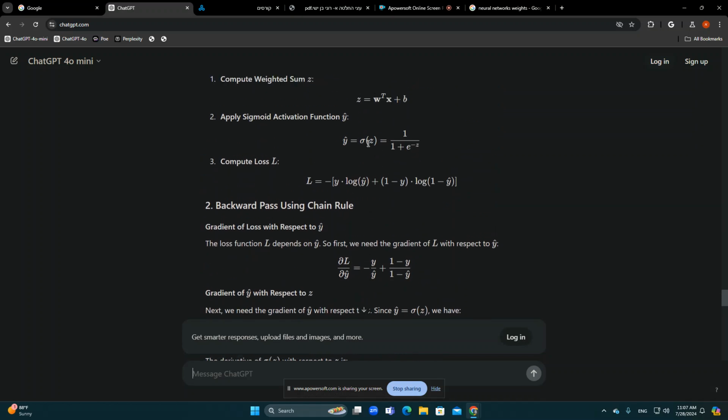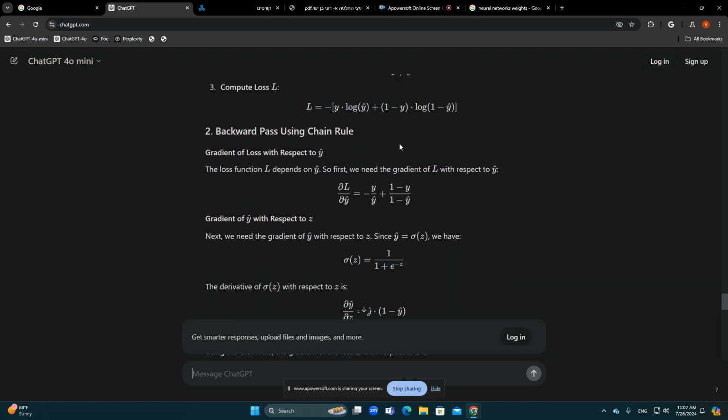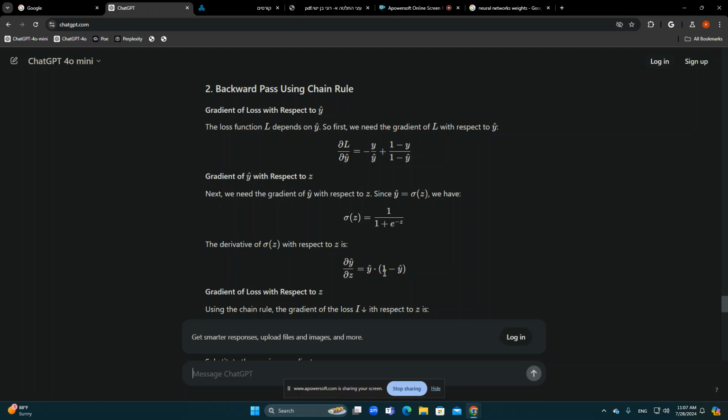As you can see, y hat depends on z, so if you take the derivative of y hat with respect to z, you will get this. This is the derivative of the sigmoid function.